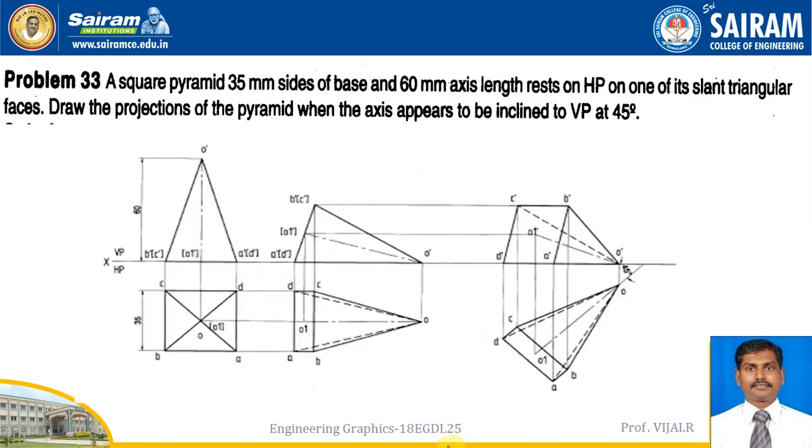So once that is done, it is very easy to shift all the values here by keeping a line at 45 degrees, so that it appears to be inclined. We draw a line at 45 degrees, then keep a point O here and measure O1, and you can measure these distances.